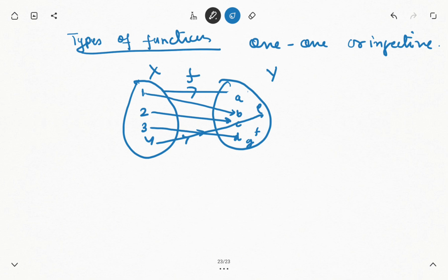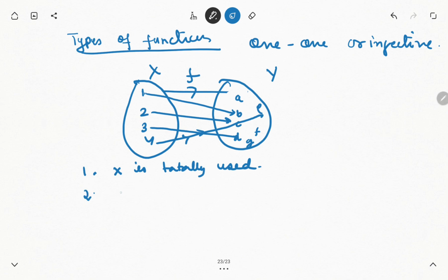Unique image we need, and unique image we have here. So one thing you have to observe, that X is totally used. If we do not relate 3 with any element, 3 is left, this means this is a relation, this will not be a function.